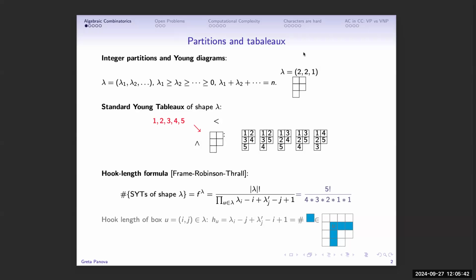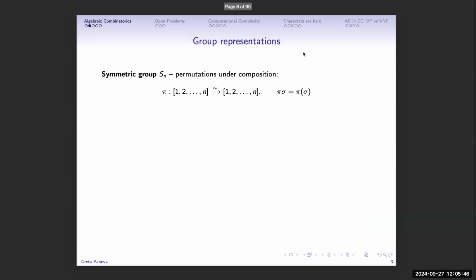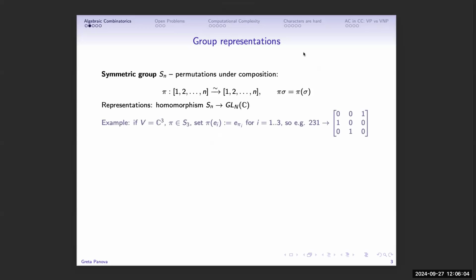So where does this come from, and where does the word algebraic come from? This all comes from representation theory, actually. If we look at the symmetric group, a group of permutations under composition, it has order n factorial, of course, but we can also try to represent these permutations as matrices of various sizes, so that these matrices also respect the group laws.